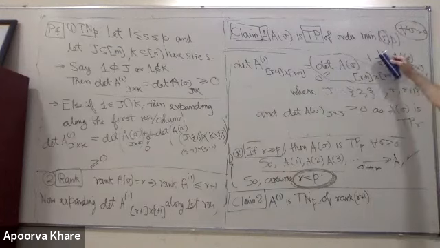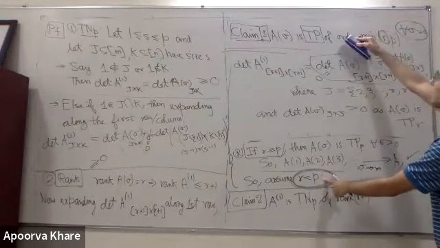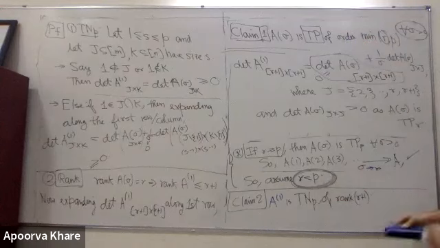One term is 0, the other is strictly positive because of this conclusion and this assumption. And therefore we are done.